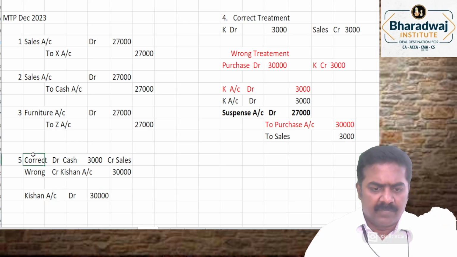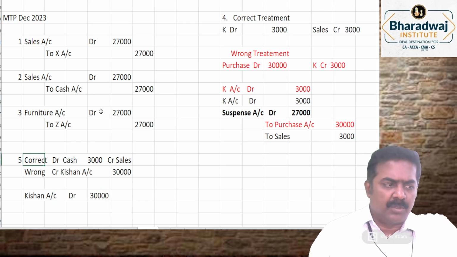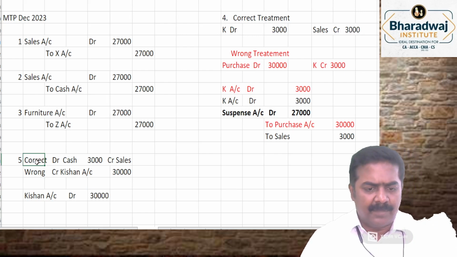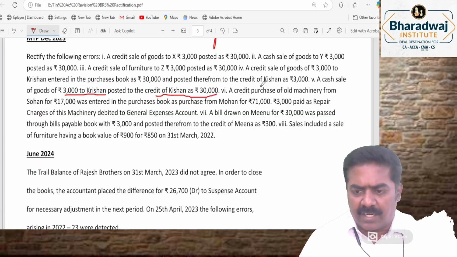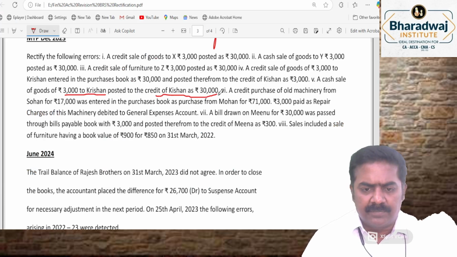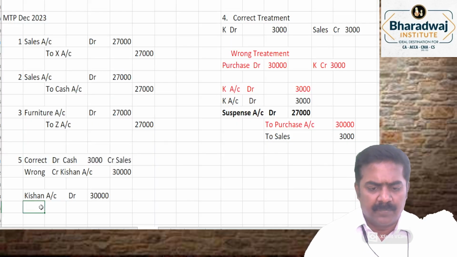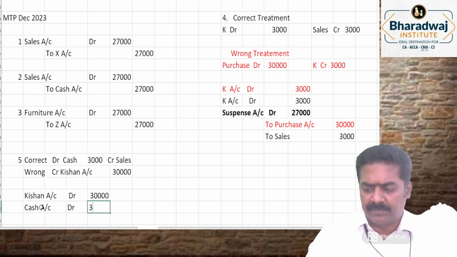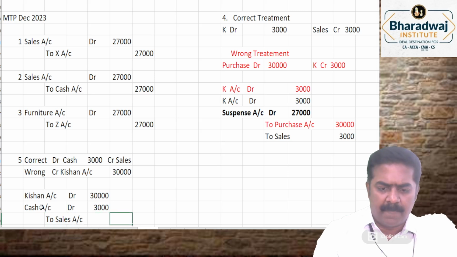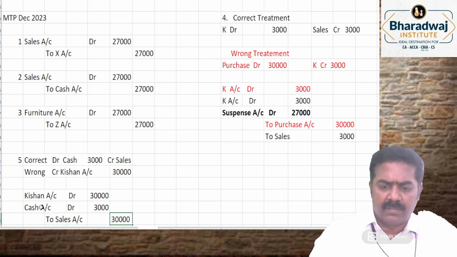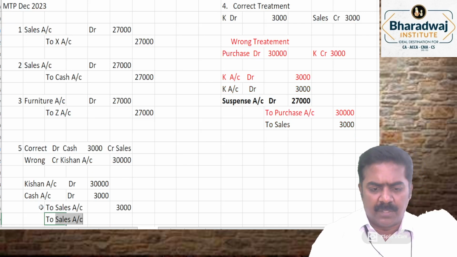Okay. Cash account should be debited. How much should be debited? 3,000. To sales account how much? 3,000. Balance will go to which account?